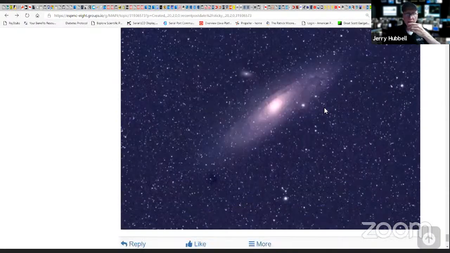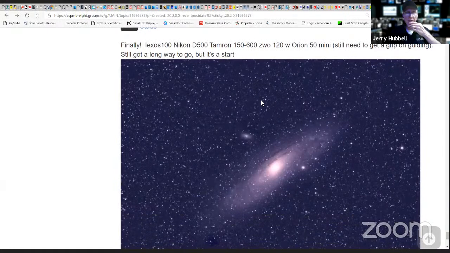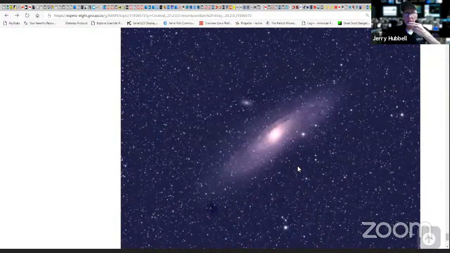I don't know who that is. He's got, this is with the IXS 100. Wow, that's a pretty wide field. It is. The Tamron 150 to 600. I would think he has it at 150. Yeah, that's a good 8 or 10 degrees, isn't it? That's a pretty big field, yeah.